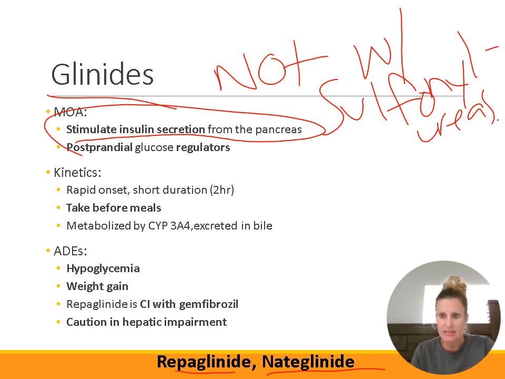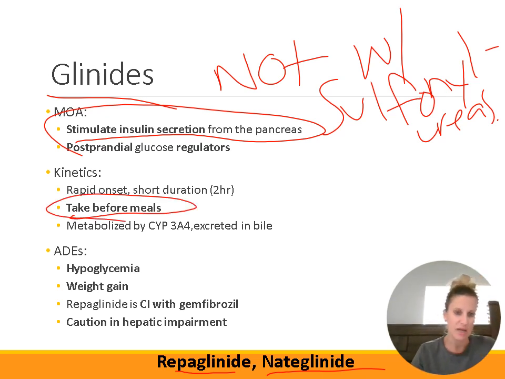The glinides have a rapid onset of action, but a pretty short duration. They only are active for about 2 hours, and these are taken associated with mealtime. So you take the medication before each meal. They're there to help with that bolus of insulin that occurs with meals.